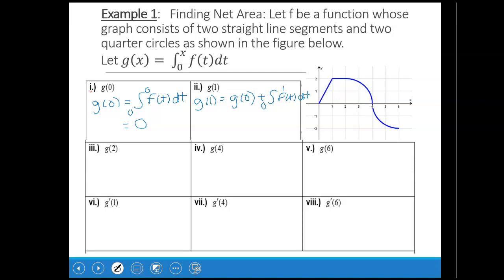So g of 0 is 0 plus 0 to 1. So area under the curve is 1/2 base times height. Height is 2, base is 1. 1/2 times 2 is 1. So 0 and 1 makes 1. So g of 1 is 1.